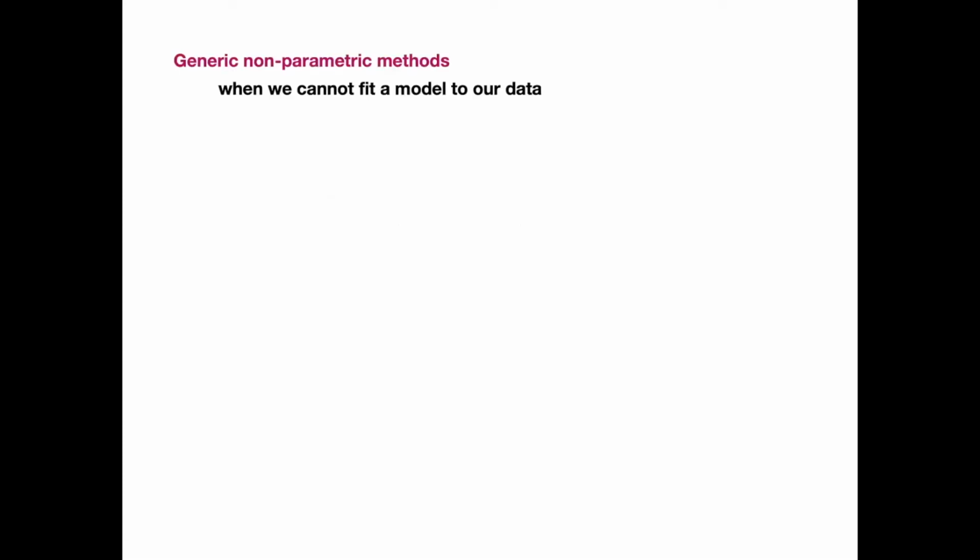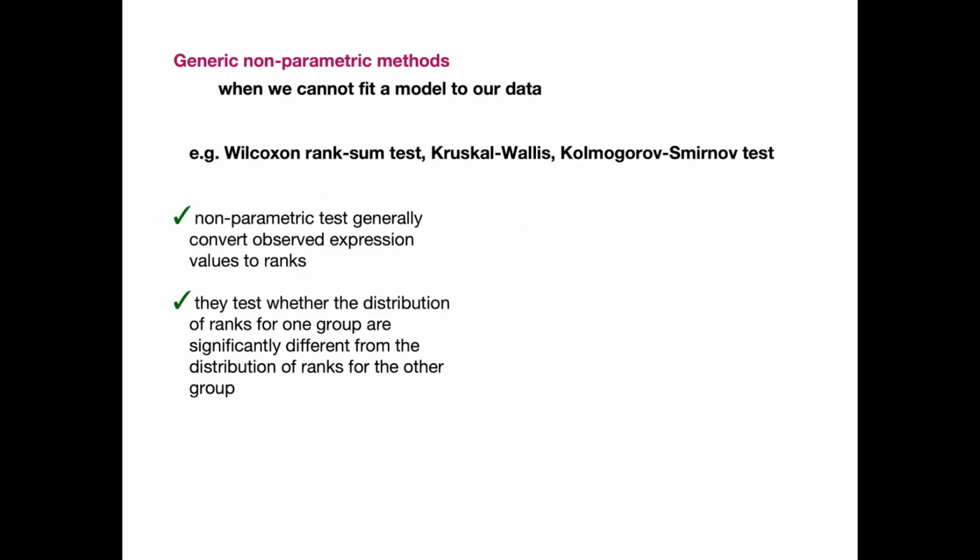But we can also use non-parametric methods that don't assume anything about the distribution of our data, of which the most commonly used is the Wilcoxon or Kruskal-Wallis or Kolmogorov-Smirnov, that's hard to say.